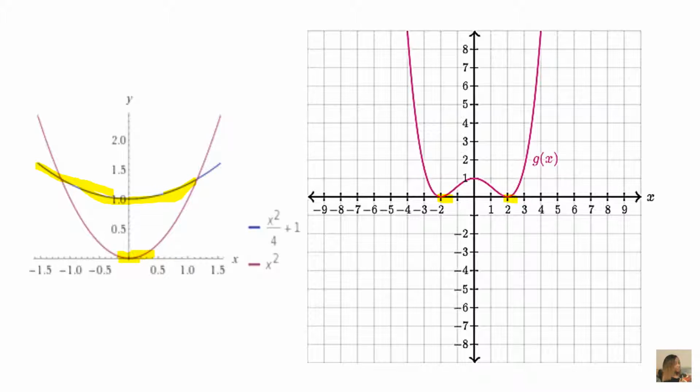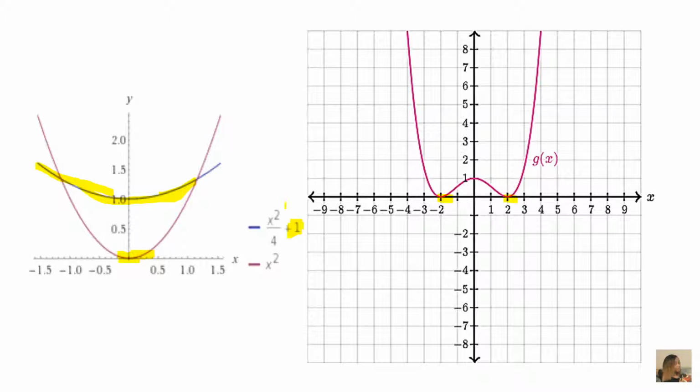Some people think that it will compress it, make it skinnier. It actually flattens it out. And by adding 1, we shift the parabola up by a unit of 1. So this is the y-intercept now.